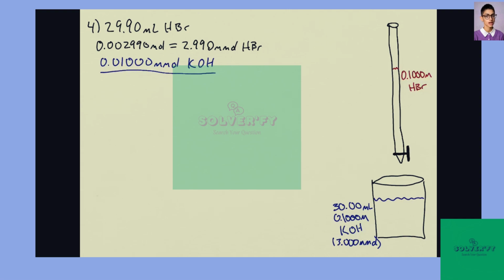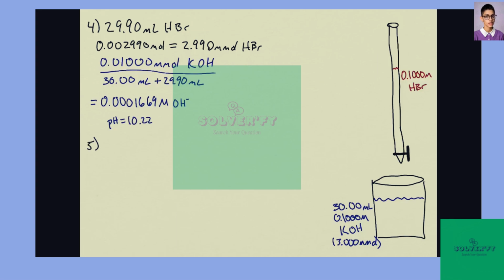This is in a solution of 30 milliliters from the original KOH, plus the added 29.9 milliliters of HBr, which gives us 0.0001669 molar OH-. Again, we solve for pH, and we get 10.22.